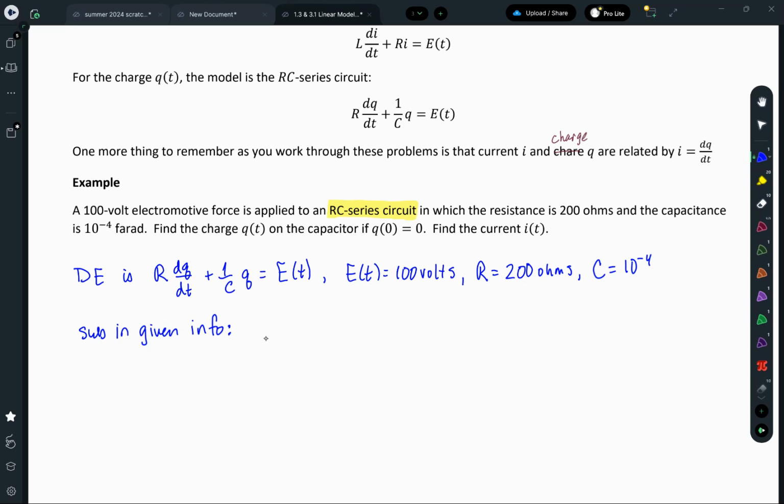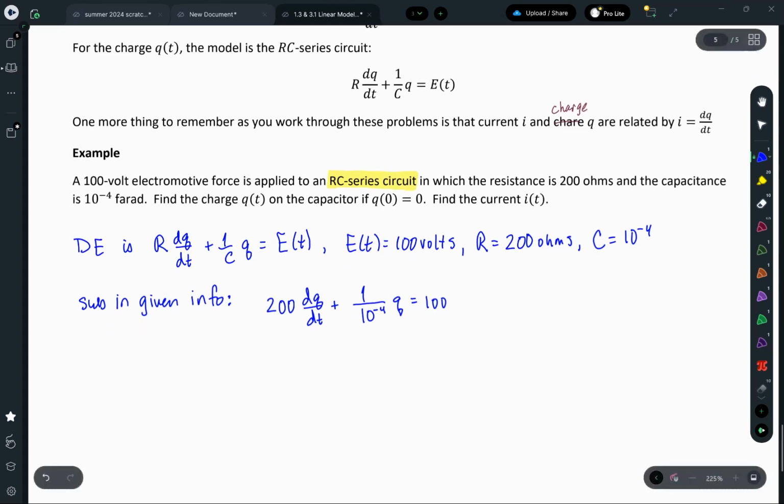R is 200, so we have 200 dq dt plus 1 over C, which is 10 to the negative 4, times Q equals E of t, which is 100. The 10 to the minus 4 is in a denominator right now, but we could rewrite that so that it's upstairs in a numerator.